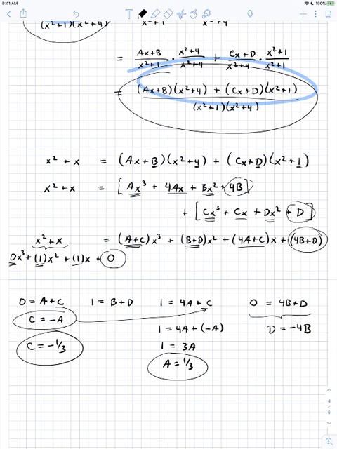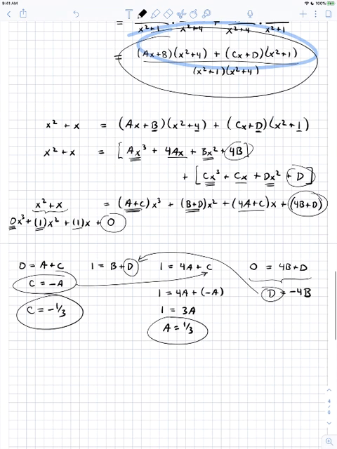So now we're going to plug that d into equation number 2, and that's going to give us 1 equals b plus d, which is negative 4b. So we have 1 equals negative 3b. So b is equal to negative 1/3.